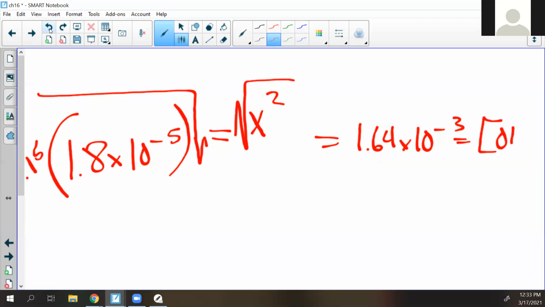That looks much better now. But what does it want to know? What does the problem actually ask for? The pH. So take the negative log of this. There you go. Very good. Negative log of the answer.